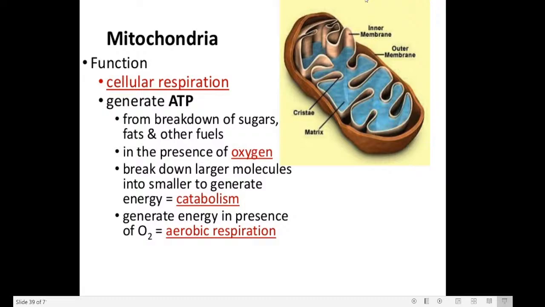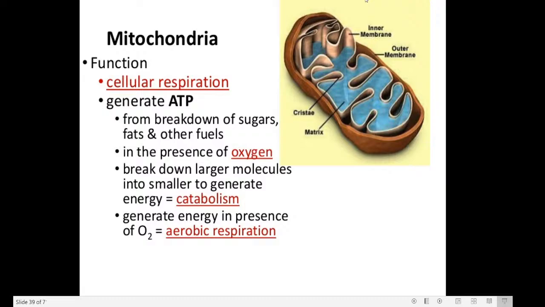This breakdown of large molecules into small molecules is called catabolism. Specifically, catabolism happens in the mitochondria. It generates energy in the presence of oxygen.